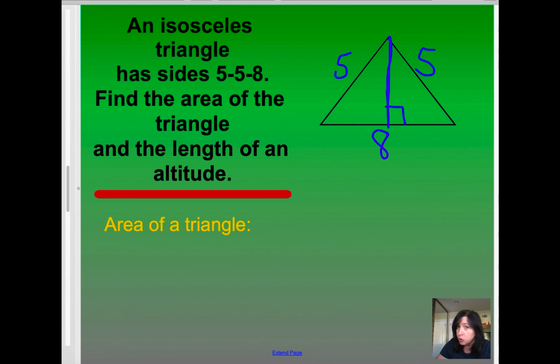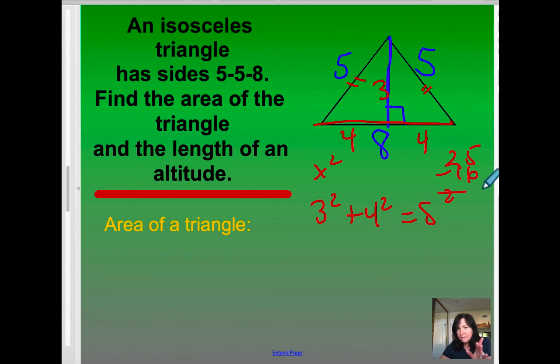Number one, you should recognize that if this is 8, and this being isosceles, that's very symmetrical, meaning this whole thing is 8, that would be 4, and that would be 4, which would mean that this would be 3, because I would use the Pythagorean theorem that said 3 squared plus 4 squared is equal to 5 squared, or 3 would have been x squared, right? So 25 minus 16 is 9, and so x squared equals 9, which means x equals 3, which is my height. So we have the length of the altitude. The length of the altitude equals 3.